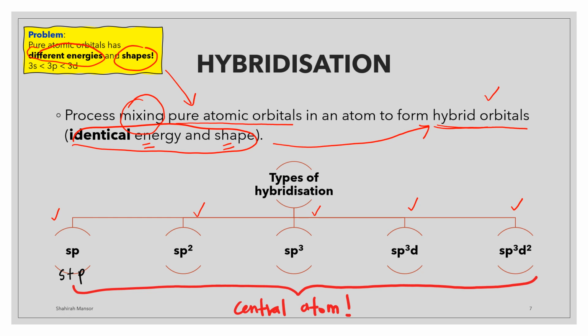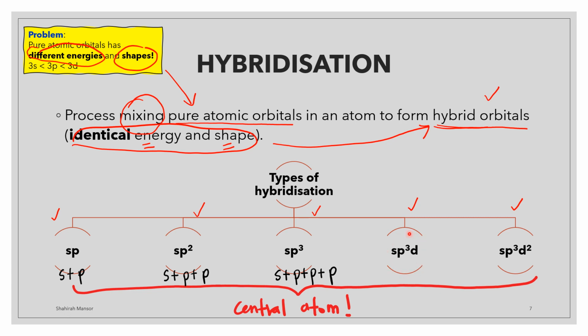And sp2 hybrid orbital akan wujud apabila kita gabungkan 1s dan 2p orbital. And sp3 hybrid orbital is formed when we add 1s and 3p orbitals.